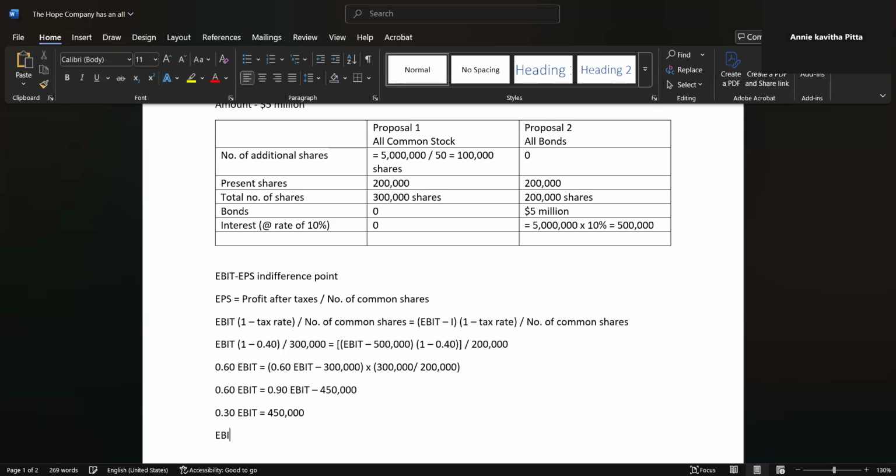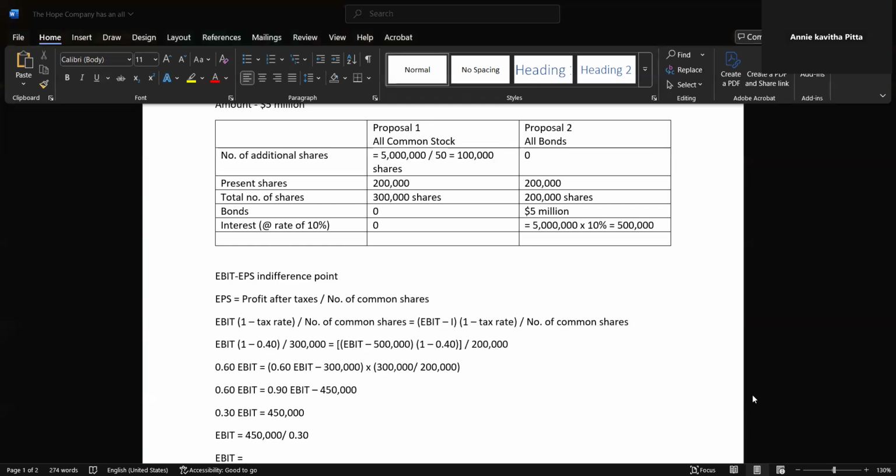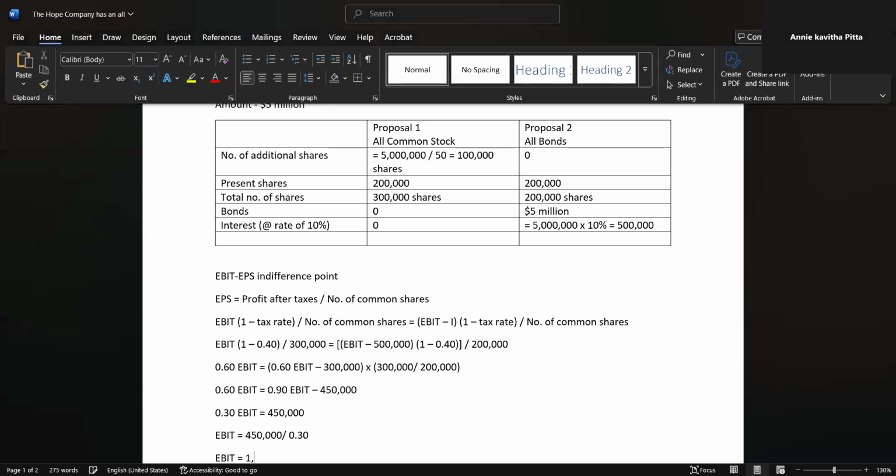So EBIT is equal to 450,000 divided by 0.30, which is 1,500,000.